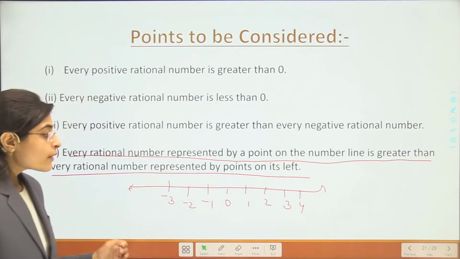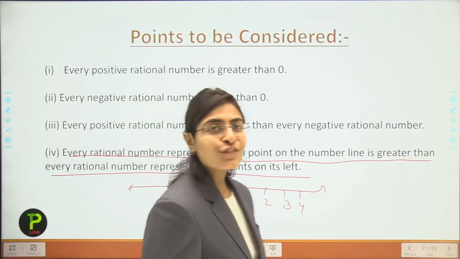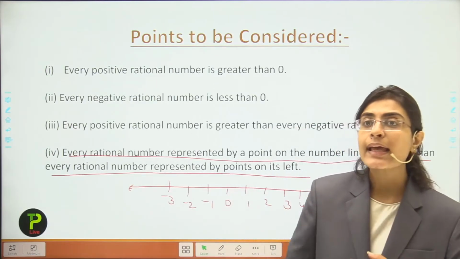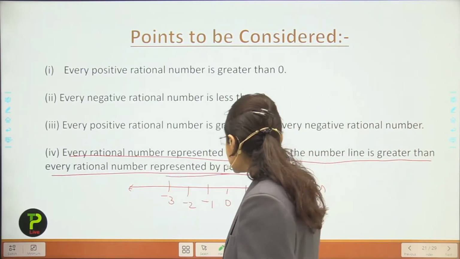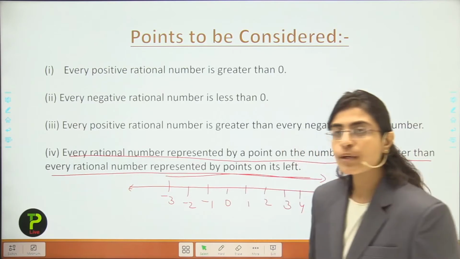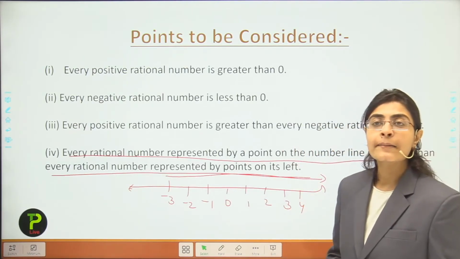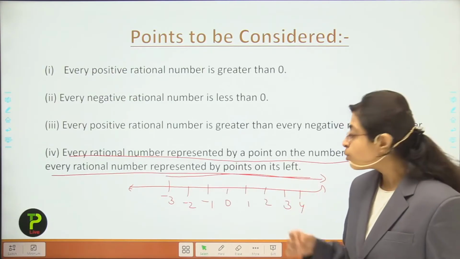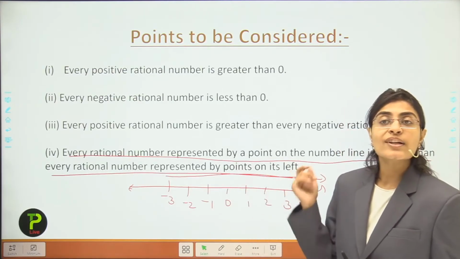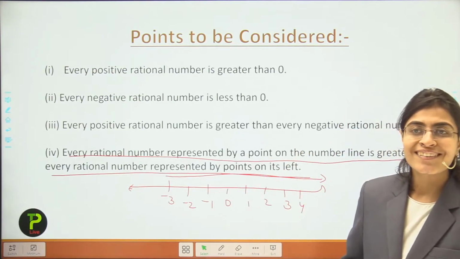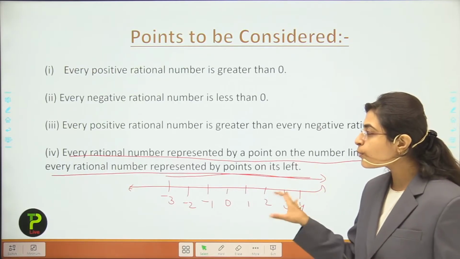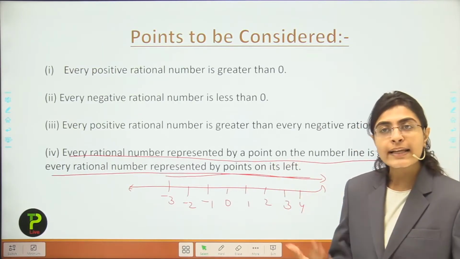On the number line, the value of numbers gets greater as we move to the right hand side. For example, 4 is greater than 3, 3 is greater than 2, 2 is greater than 1, 0 is greater than minus 1. I hope this point is also clear to you.